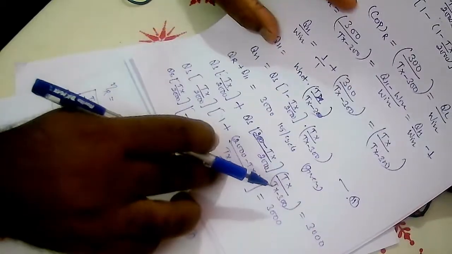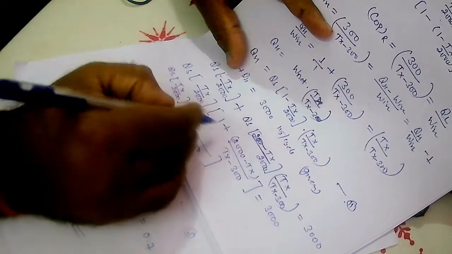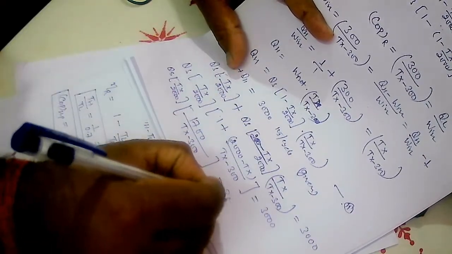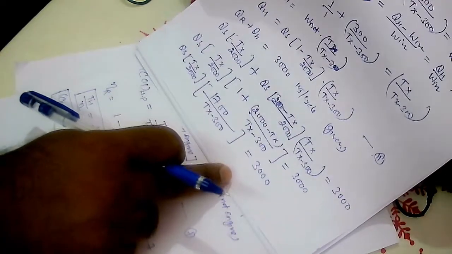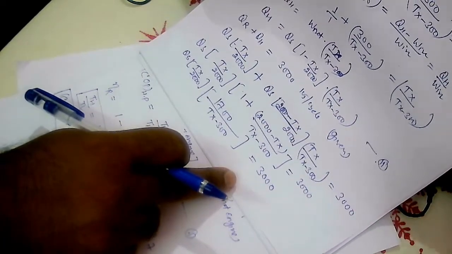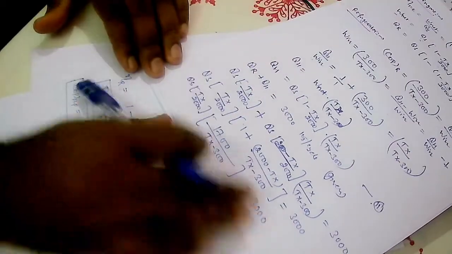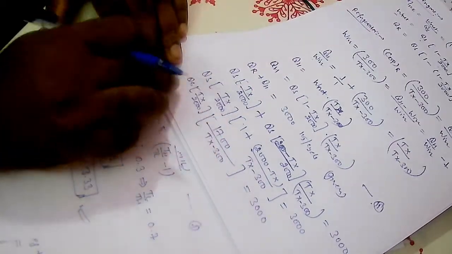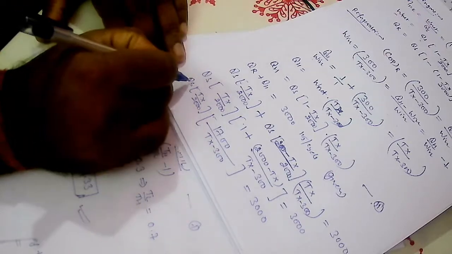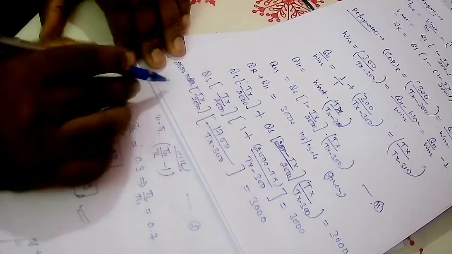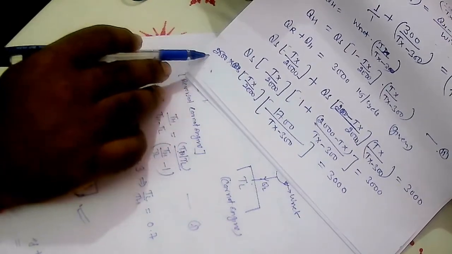This is minus 300 plus 2000, this becomes 1700 is equal to 3000. Now what you need to do? Not to do anything, just substitute the value of Qs. So I am putting here multiply by 2500. I substitute the value of Qs, which is 2500.